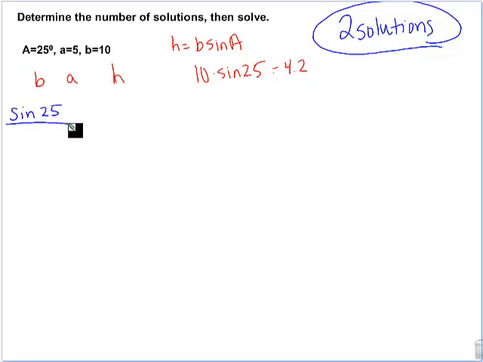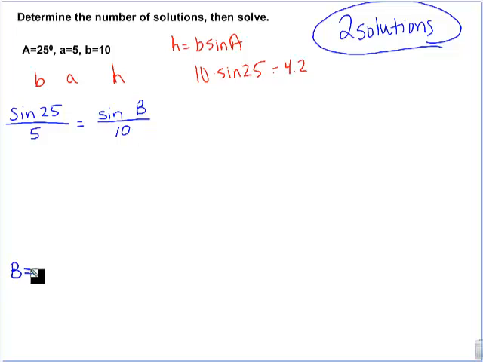Sine of 25 over 5 equals sine of, what angle would this be? Yeah, sine of B, because you know side B is 10. If you need to draw the triangle out, you can. There's really no need to, though, when we have all the variables. So that'll give us angle B.